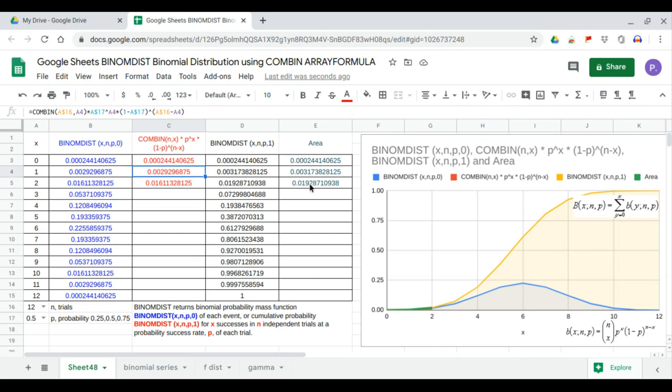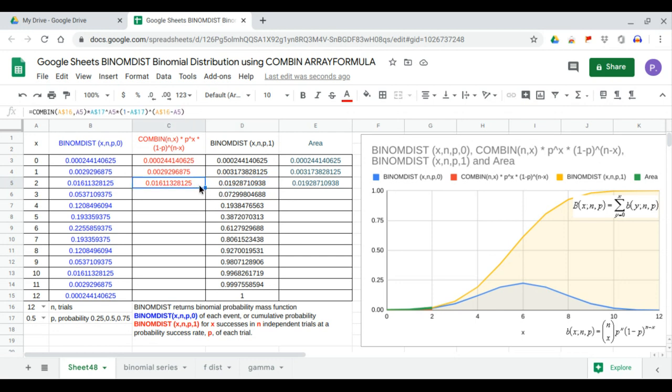The total area is 1 times this area plus 1 times this area plus 1 times this area. So this will be 0.01928, which matches our binomial cumulative distribution function.